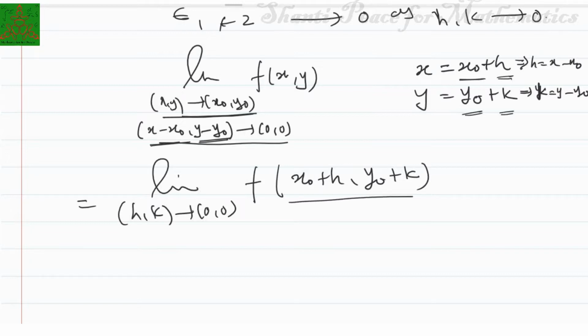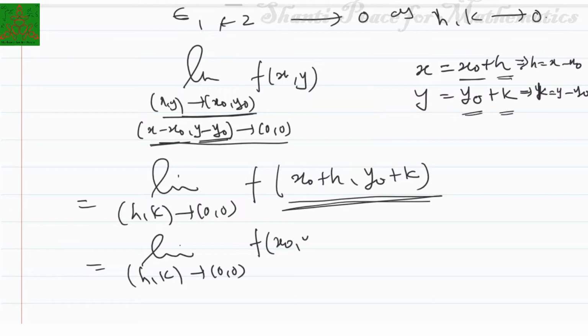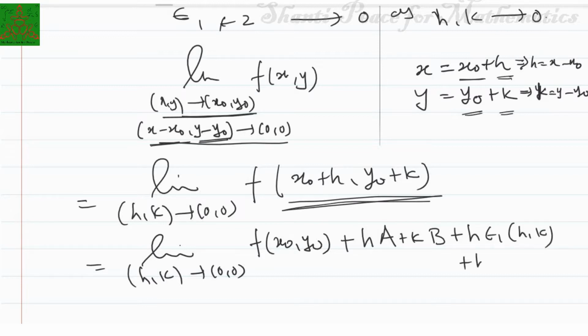Now as f is differentiable, this quantity I can rewrite, by the definition of differentiability, as the limit as hk tends to 0 0 of f of x0 y0 plus h a plus k b plus h epsilon 1 hk plus k epsilon 2 hk.